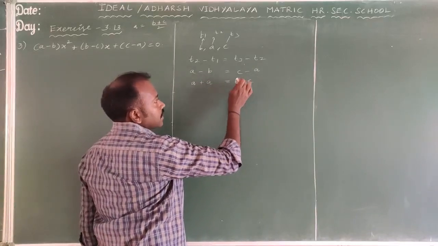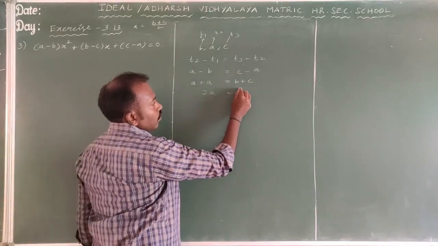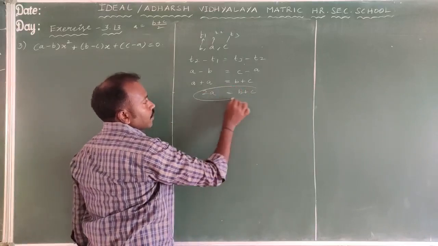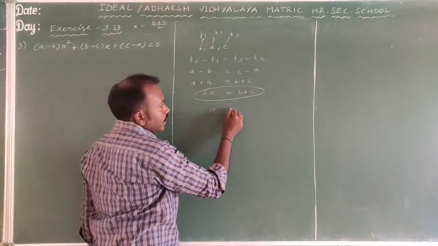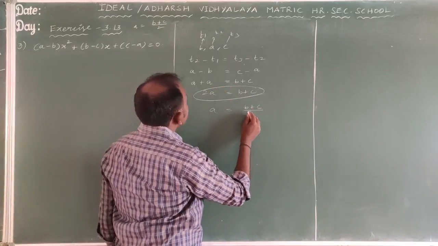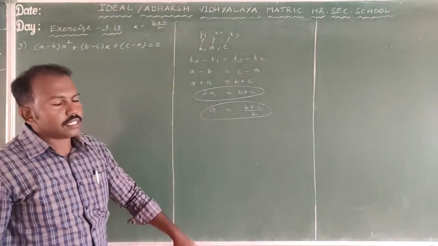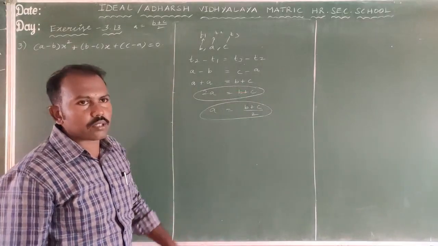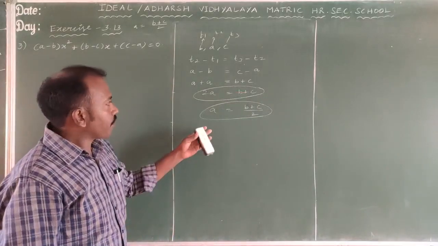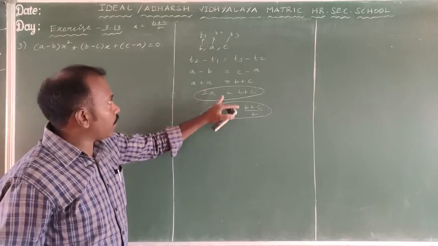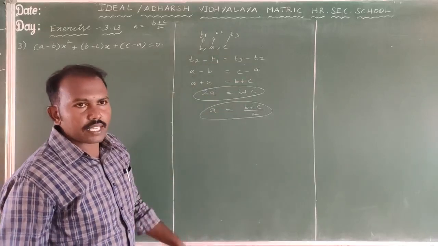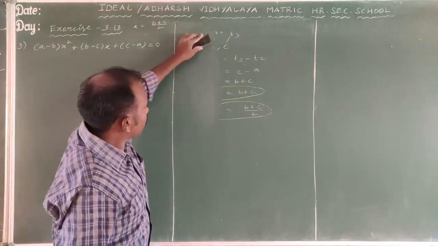Then b plus c. Then 2a is equal to b plus c. We can bring it in this format, or a is equal to b plus c divided by 2. If we get either of these two formats, we have proved that b, a, c are in AP, right?